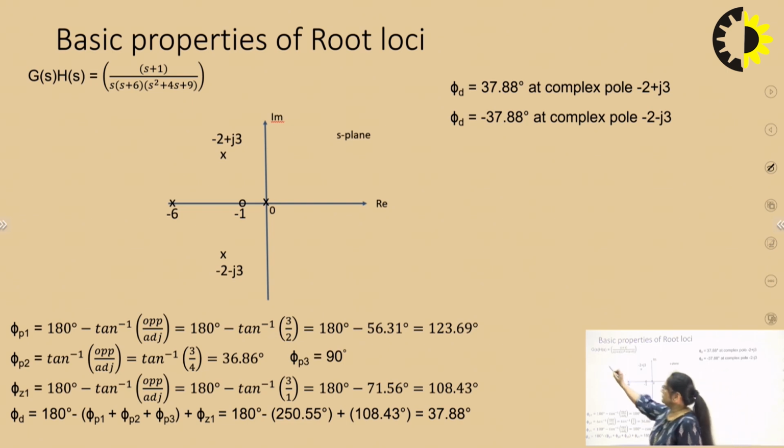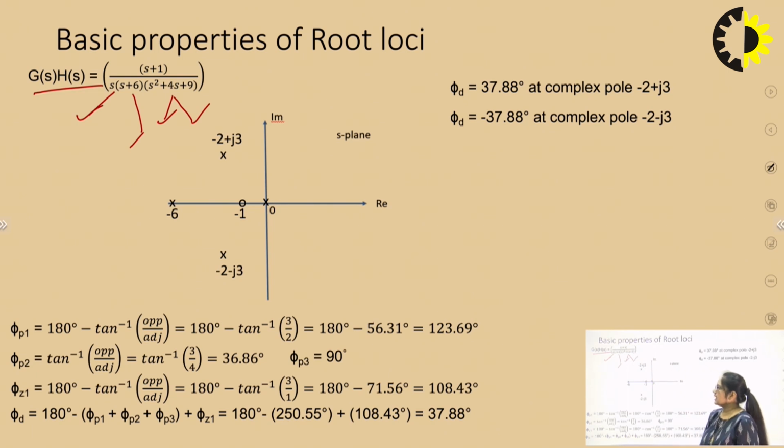Now, for example, we have an open loop transfer function G(s)H(s). G(s)H(s) here has one zero at minus 1, and there are 4 poles: 1, 2, 3, 4, two of them complex.